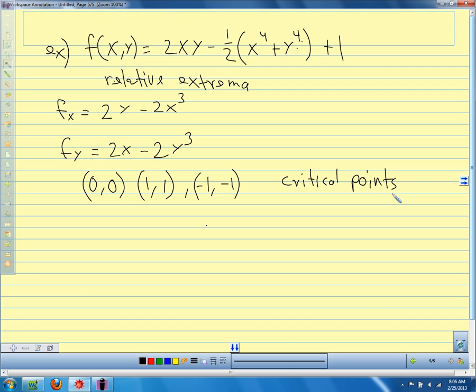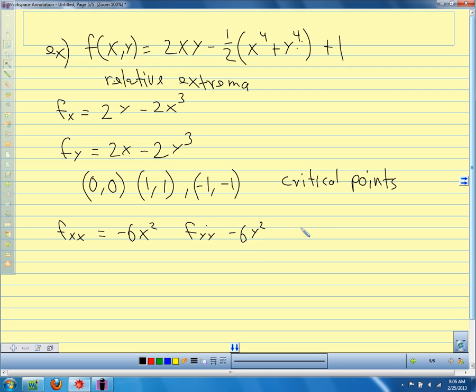And we need to run our second partials test. So we need some second partials. F sub xx, what's our second partial with respect to x? Minus 6x squared. Second partial with respect to y, f sub yy, minus 6y squared, it's symmetrical in x and y.